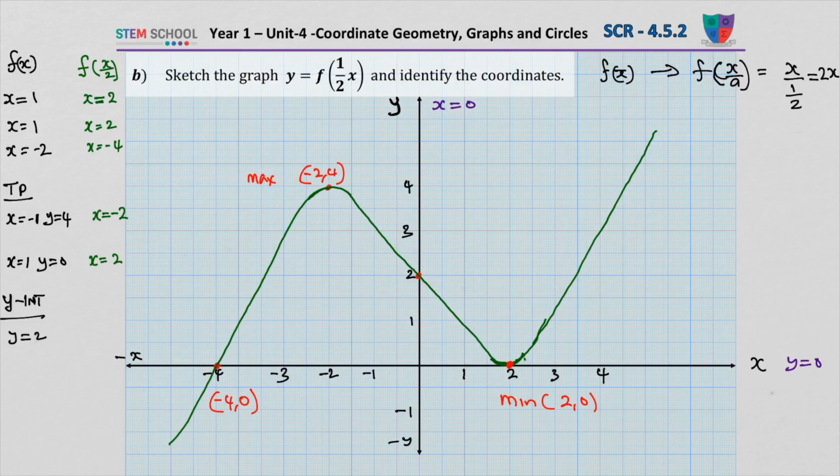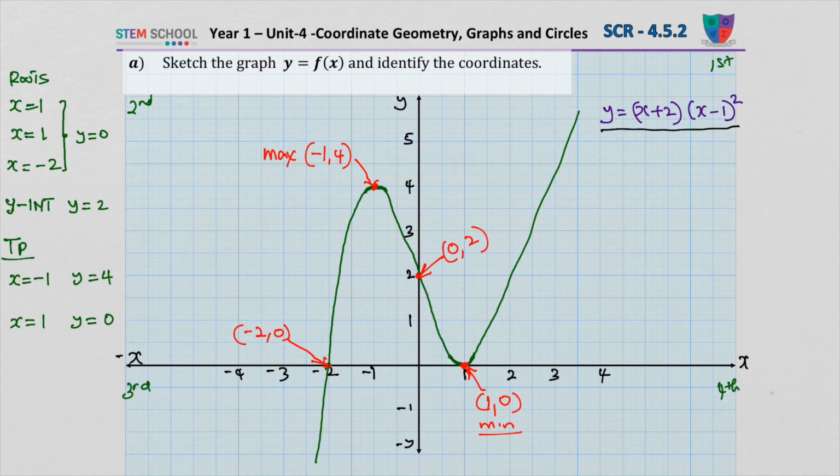And the intercept here will be 0, 2. So we can see that the graph has stretched along the x-axis by a factor of 2. So the scale factor here is 2. So this is the f of x. You can see the value of f of x here.